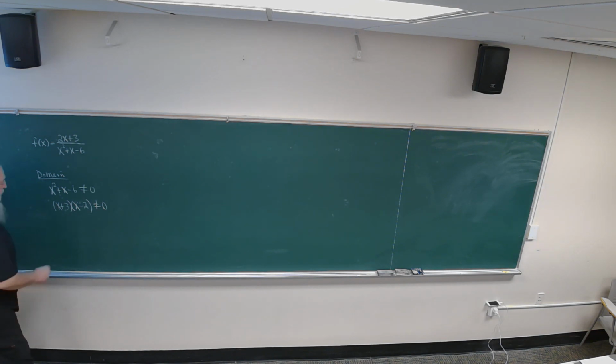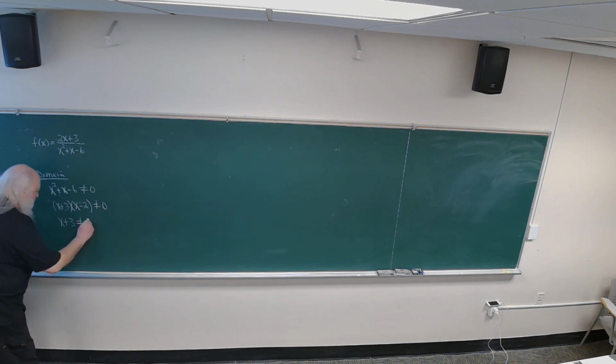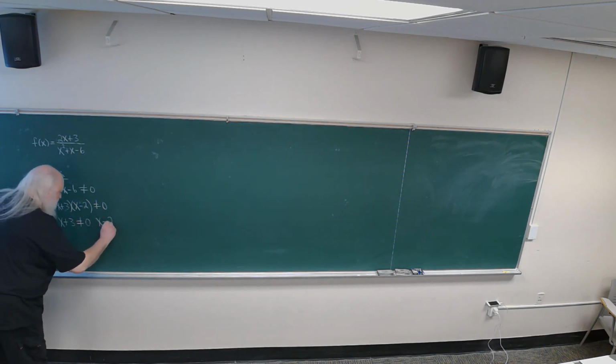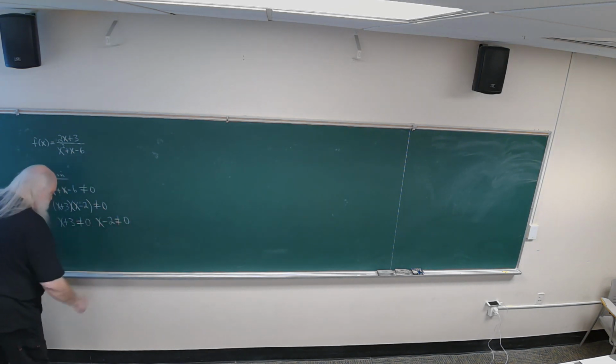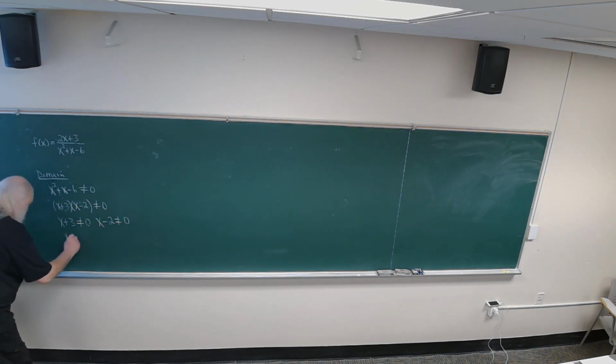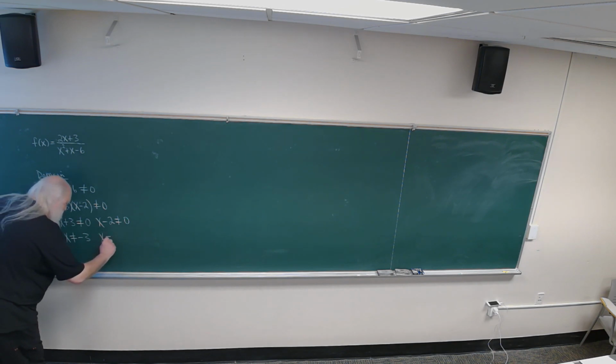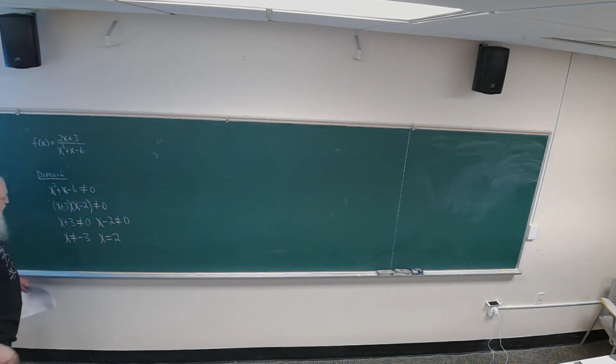This product can equal 0. So x + 3 can equal 0, and x - 2 can equal 0. So we get x can equal -3, and x can equal 2.